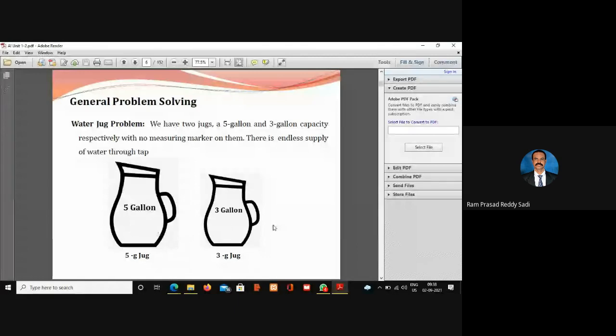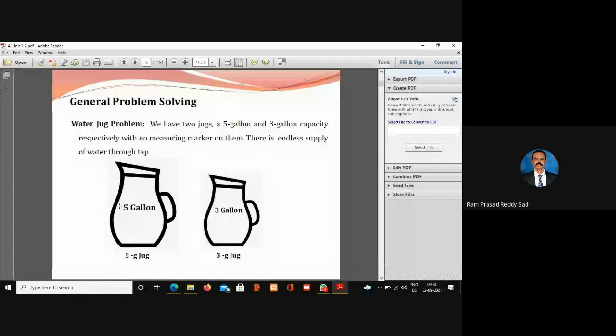One holds 5 gallons of water, the other 3 gallons. These jugs do not have any markers. If it is filled up to one point, it is 1 gallon; to another point, 2 gallons; to this point, 3 gallons. Those measuring markers will not be there.